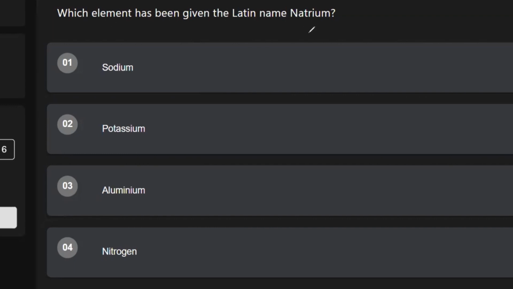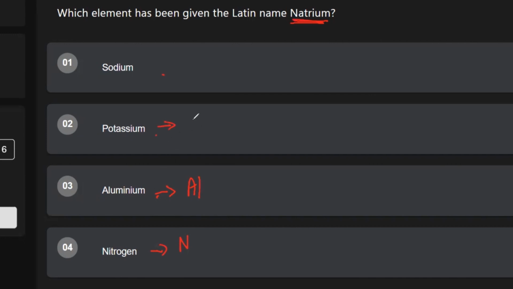So this question is an example for that. Which element has been given the Latin name natrium? So just look at the answers given here and try to recall the symbol of each of these elements, and then you can come to this conclusion very soon. Nitrogen has a symbol just N. Aluminium has a symbol Al. They seem to have the symbols coming from the English names.